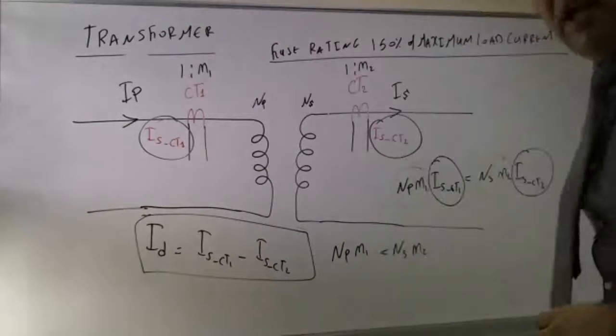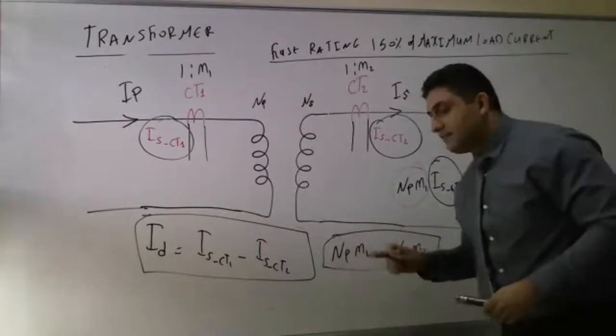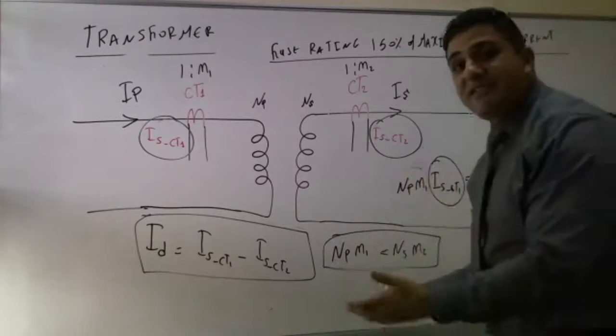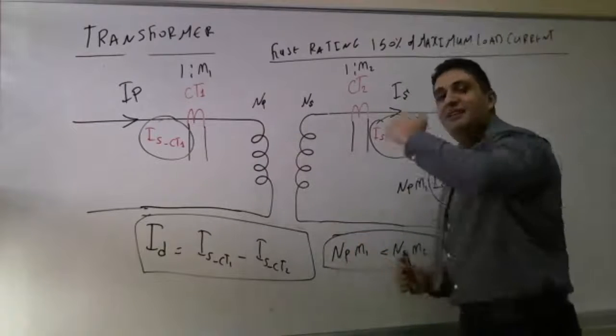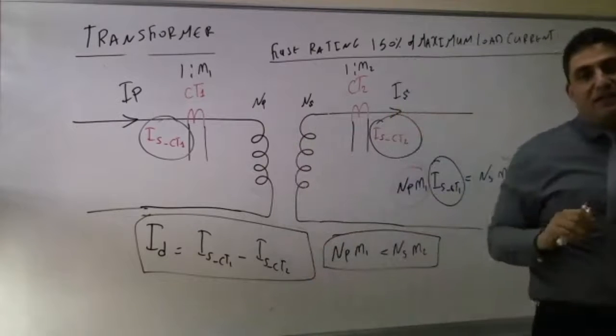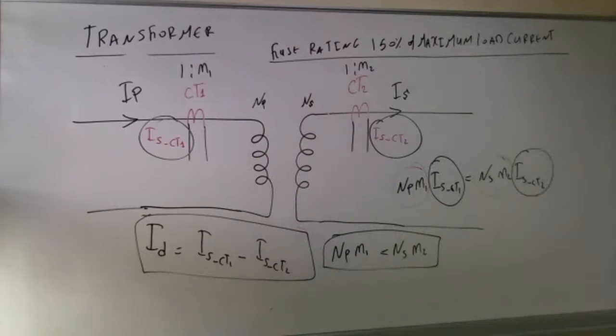This would be a perfect scenario if I can achieve this relationship. However, in reality, it's not possible to obtain a CT ratio and a ratio of the transformer to match 100 percent. That's why I always have to take into consideration an error.